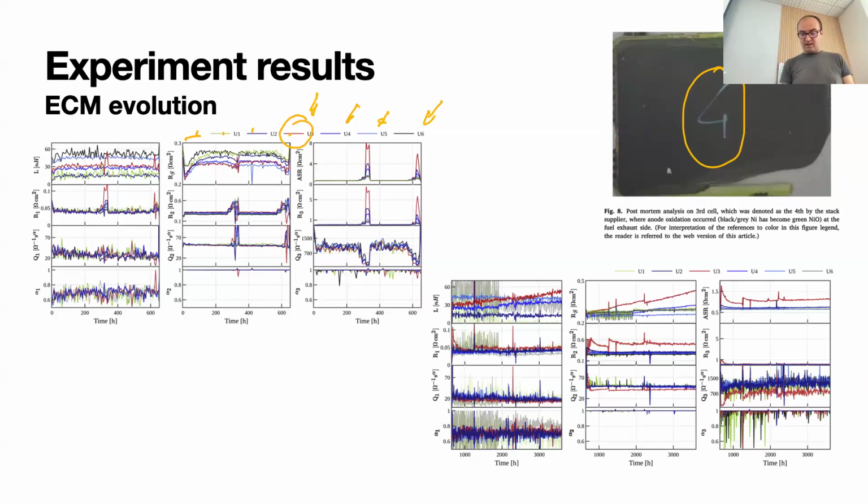We fit a model with 3 RQ elements because in the DRT we found that there are mainly 3 dominant peaks. Yes, maybe it could have been done differently, but this is not the focus here.